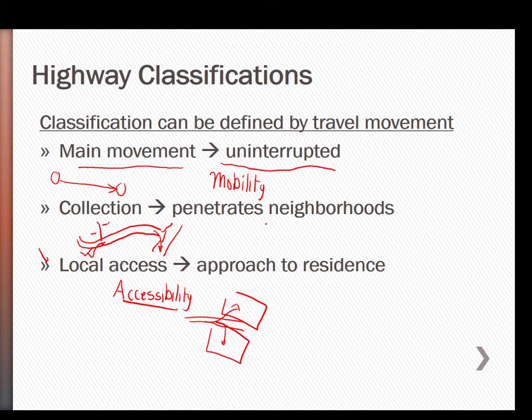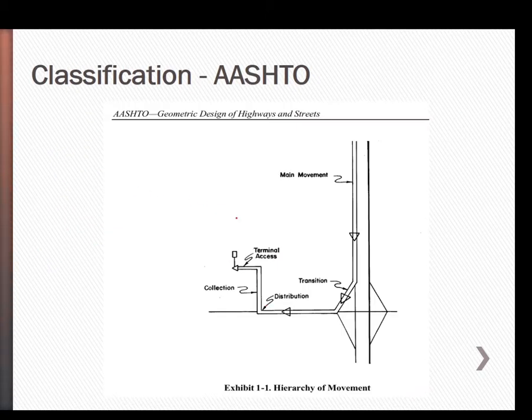So based on these 3, we're going to functionally classify our highway. A good example here, you see that a lot when we have an interstate, which has the main movement, and it connects through other roads via some kind of ramps, and these ramps intersect these.